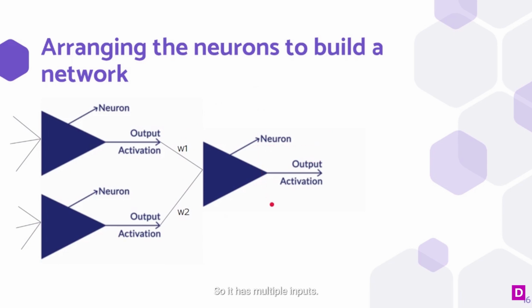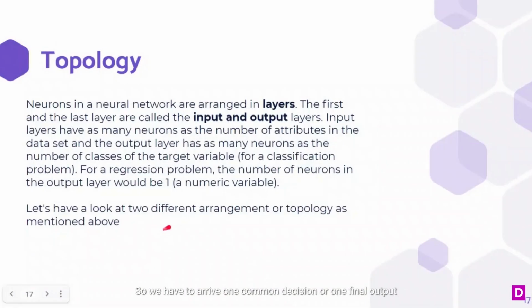It has multiple inputs, but only one output signal, or one perceptron, to decide what that object is about. So we have to arrive at one common decision, one final output. That topology would be called a regression topology. In a regression problem, the number of neurons in the output layer would be one, a numerical value, right? That is, only one neuron.